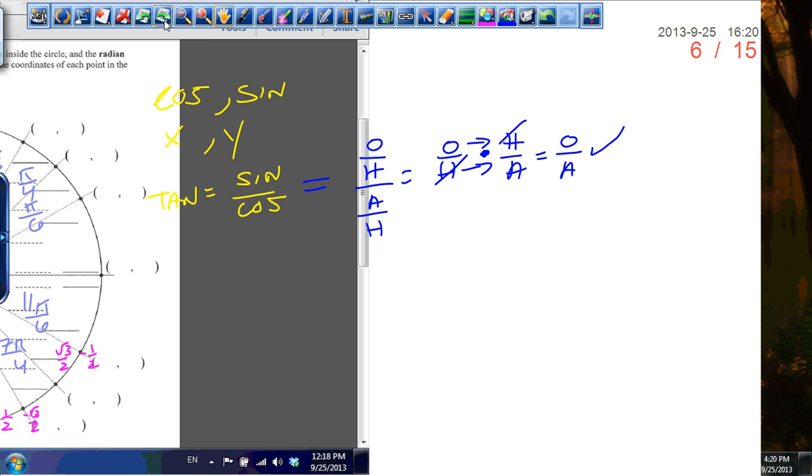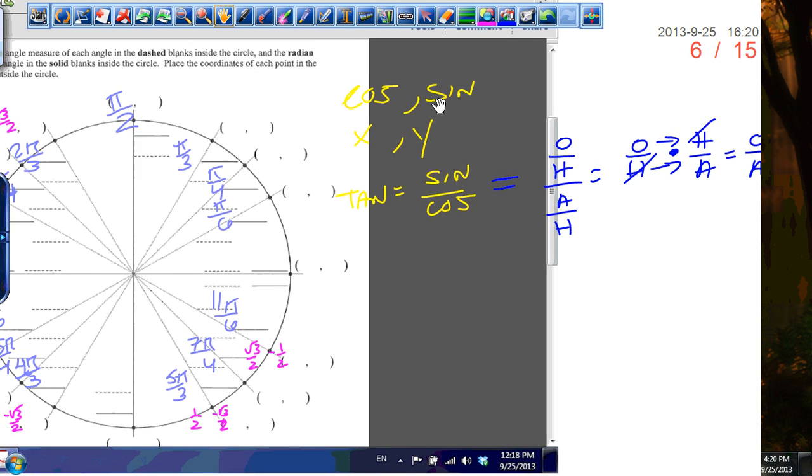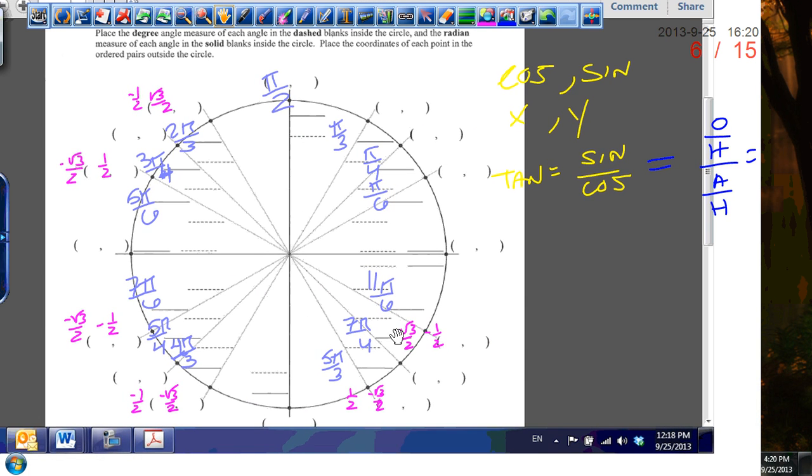So if we were to do all of this on our unit circle, go all the way around, our 45s just follow the same thing. So over here, it would be negative 1 over square root of 2, comma 1 over square root of 2. This one, both of them are negative. And then here, just my y is negative.